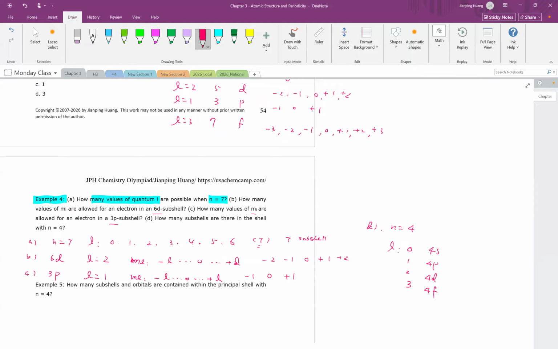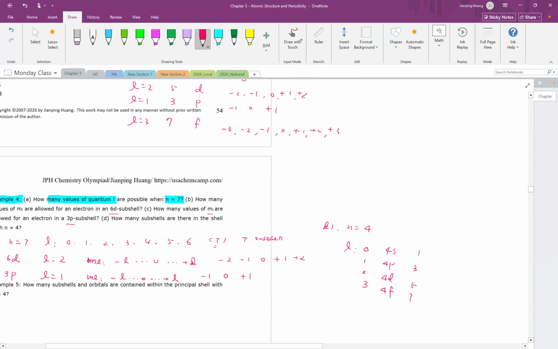If I ask you how many orbitals, that is 1, 3, 5, 7. Right? And those orbitals we also can give names. So that should be 4s, 4px, 4py, 4pz.